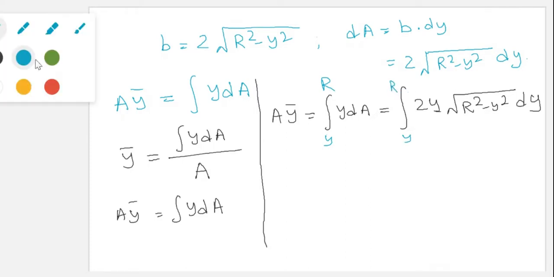Now you can tell me the integration of this part.